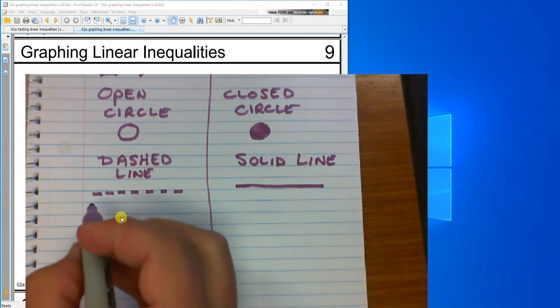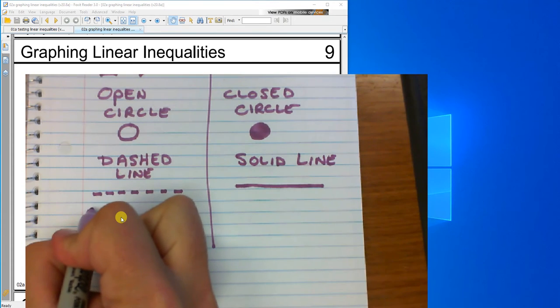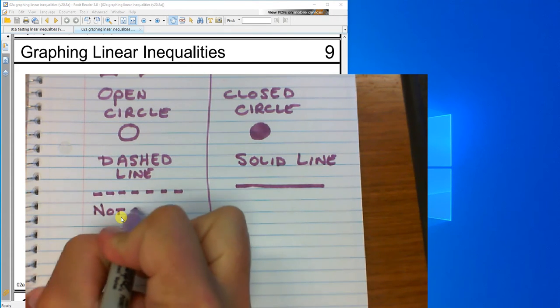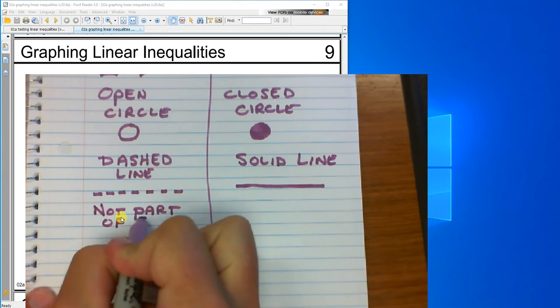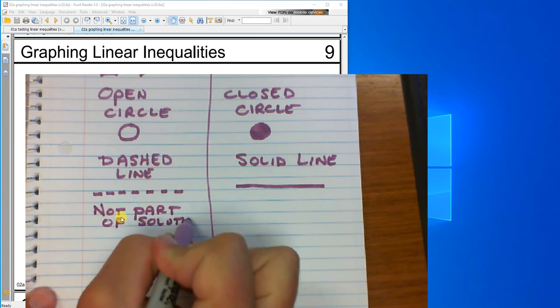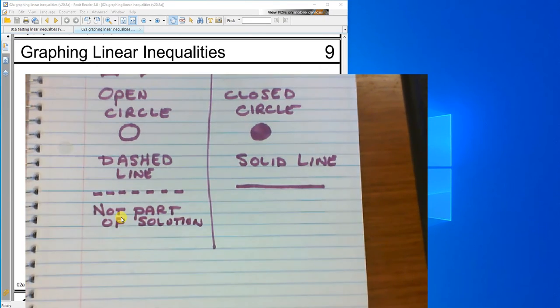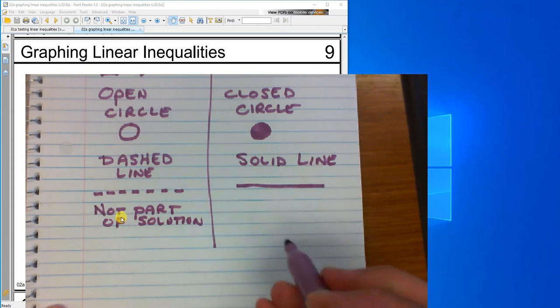A dashed line is not part of the solution. So a number that's on a dashed line does not work. A number that's on a solid line does work.